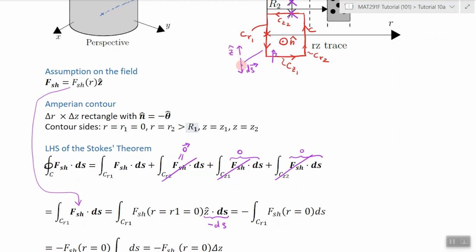So when I take a dot product, the result is the magnitude of z hat times the magnitude of ds, the differential length element, times the cosine of the angle between the two, and this cosine is equal to -1. That's why I get negative ds. So this negative comes out of the integral, and then I'm left with just this guy.